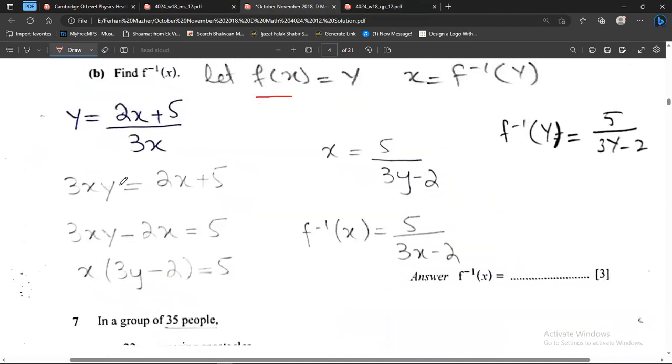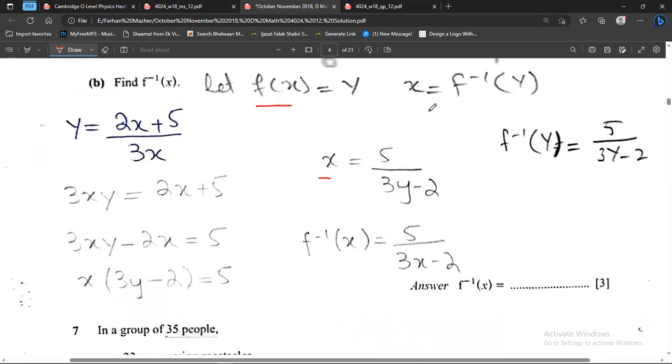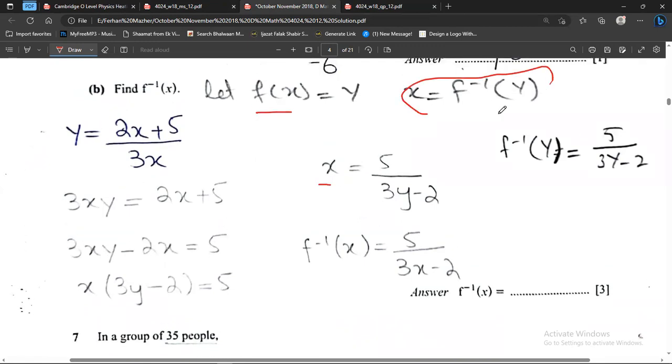So you will have 3xy equals to 2x plus 5. 3xy minus 2x is equals to 5. I will take the x common. So you will have x bracket 3y minus 2 bracket close equals to 5. So the x will be equals to 5 divided by 3y minus 2. So in the place of x, I will put this value, which is f inverse here.